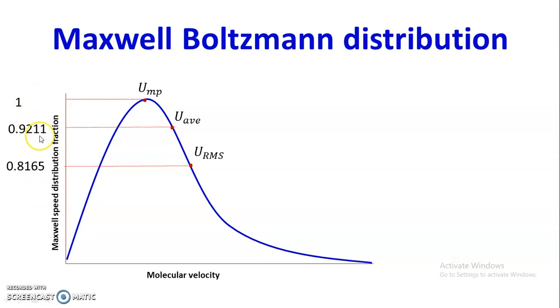The ratio I already told you, 1 is to 0.9211 is to 0.8165. And this is the Maxwell-Boltzmann distribution curve for the different velocities possessed by gas.